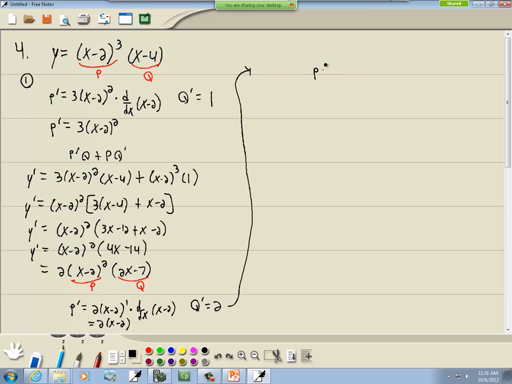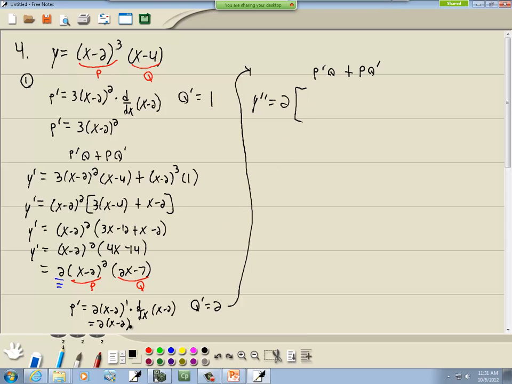Okay, so now we're ready to plug into our formula for our second derivative. Now we have this 2 out in front over here, so that's just going to be multiplied times everything. So we have 2, and then we'll put a big bracket times everything.